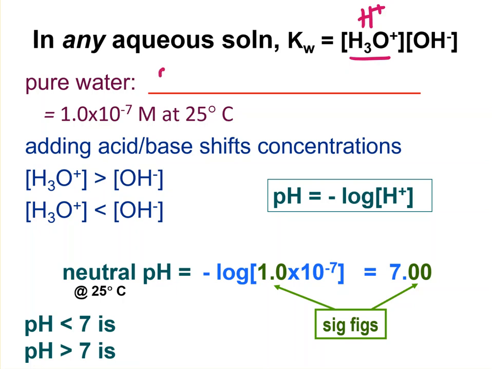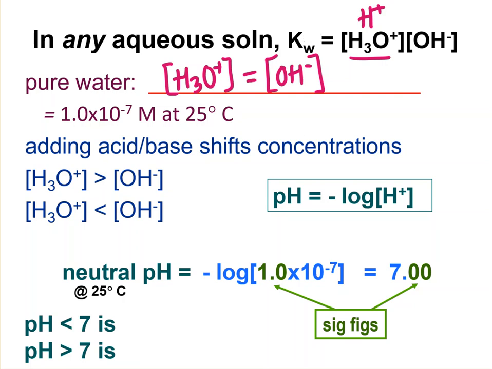In pure water, those concentrations are the same. And if you look back at the reaction, it's because every time a water ionizes, you'll get one of each. Okay? And those concentrations are 10 to the minus 7th, and that's just because that's the square root of the Kw. But anyway, it's a very small number. And Kw does depend on temperature because it's an equilibrium constant.